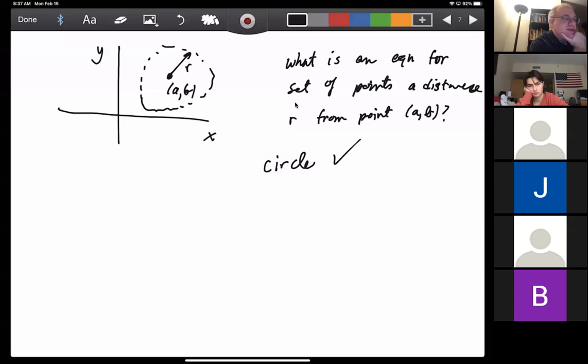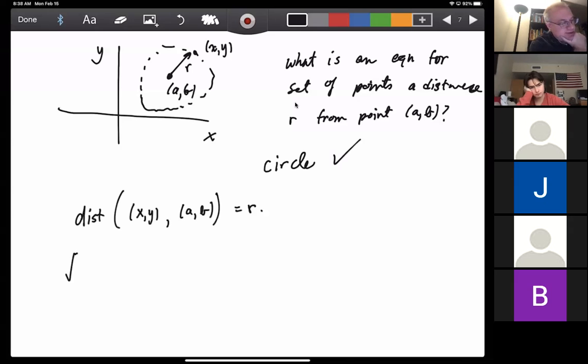So remember, we want the distance of an arbitrary point x comma y that lies on our circle. The distance from that point to our center point, a comma b, should always be the same. So if we compute the distance from xy to AB, we want that to be r. Well, we know what the distance formula is.